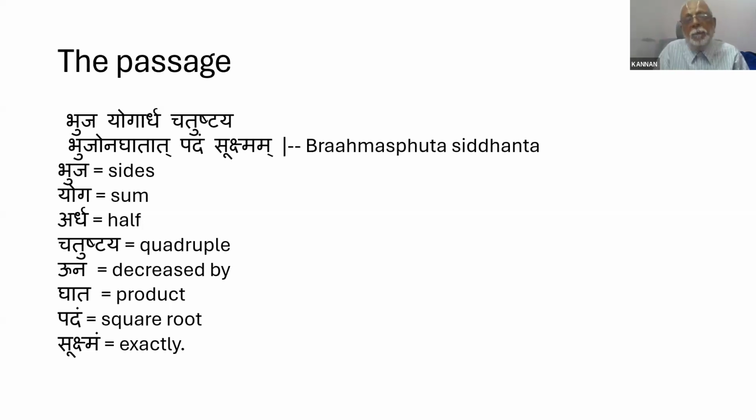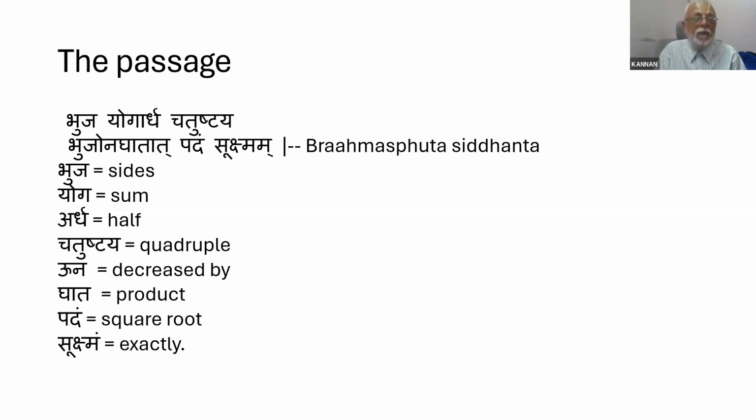We take the semi-perimeter and subtract one side. This can happen in 4 ways. Therefore, we get 4 quantities. Next, ghata is the next word. That means product. Product of these 4 quantities, where each quantity is the difference between the semi-perimeter and one side.